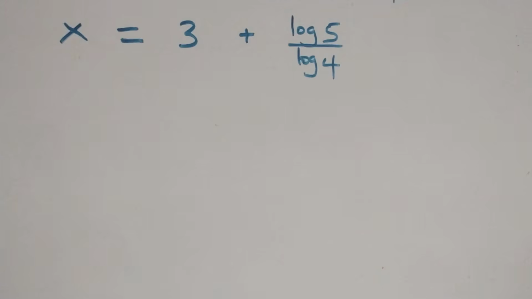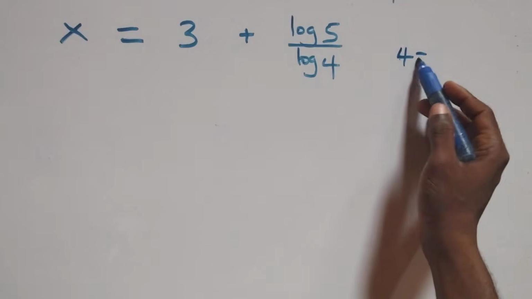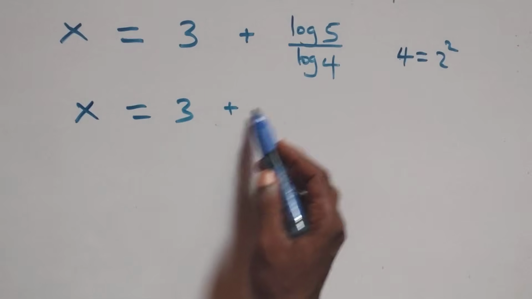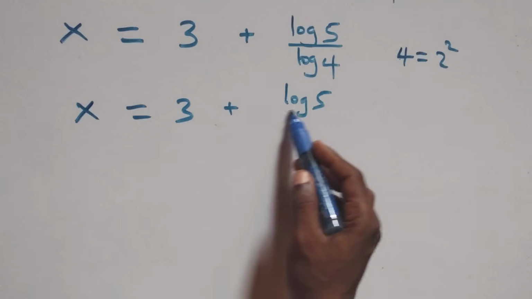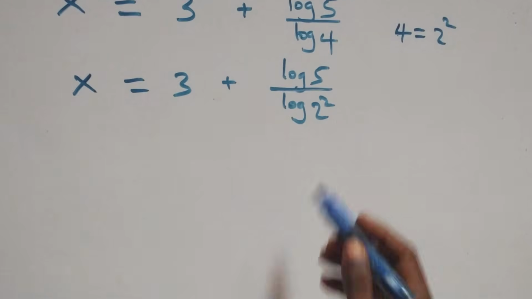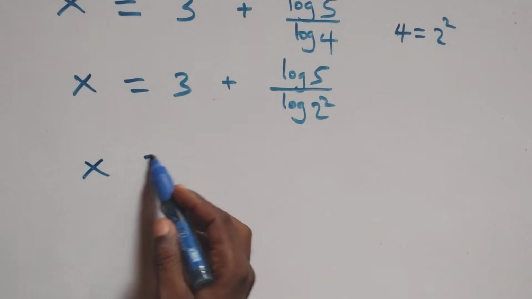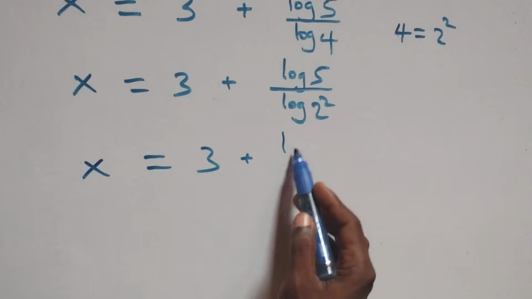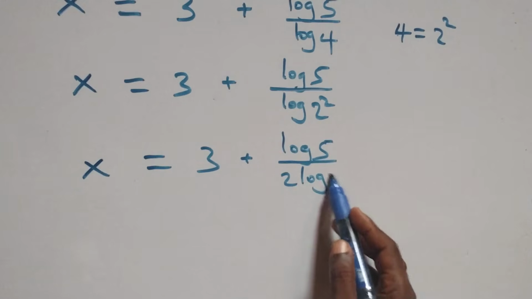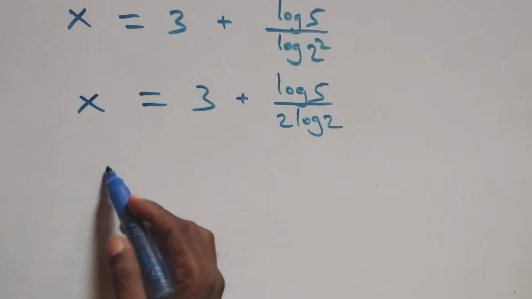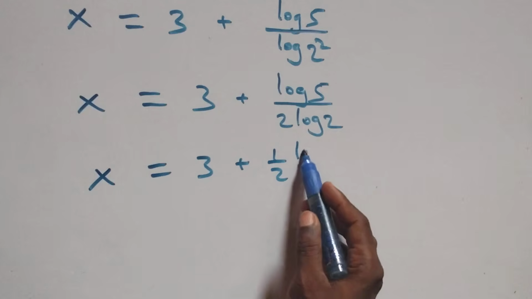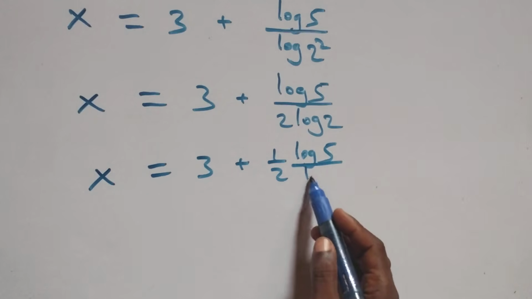Then from here we can write 4 as 2 times 2, that's 2 squared. Here we have x equals 3 plus log 5 over log 2 squared. Then we apply the power law of logarithm. 2 comes here and we have x equals 3 plus log 5 over 2 log 2, which also can be expressed as x equals 3 plus 1 over 2 times log 5 over log 2.